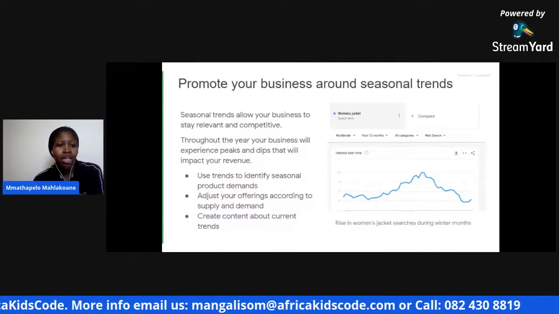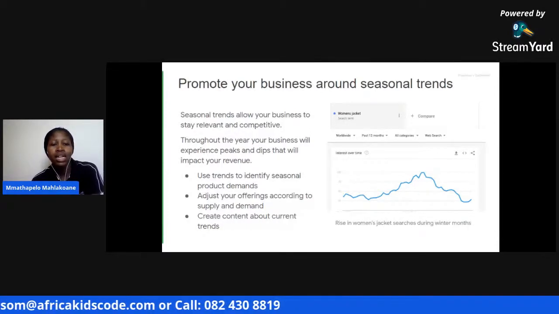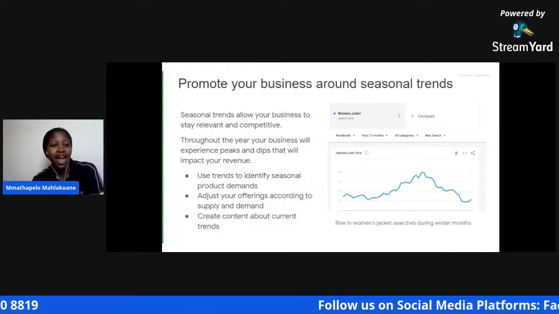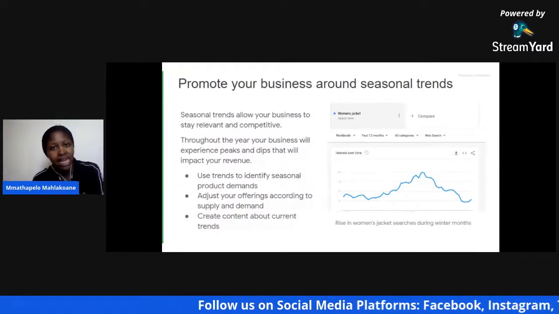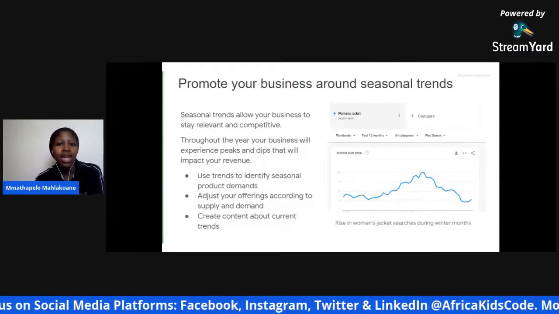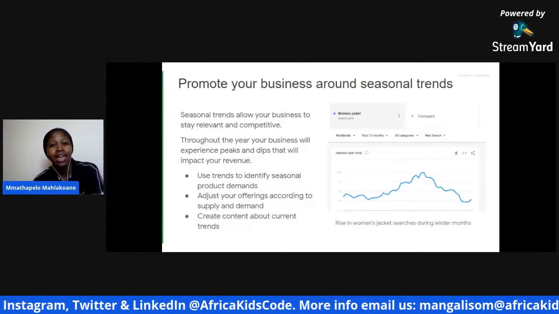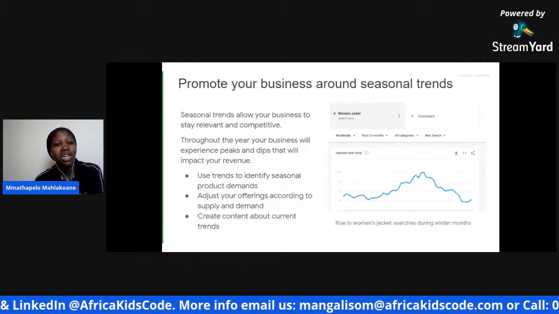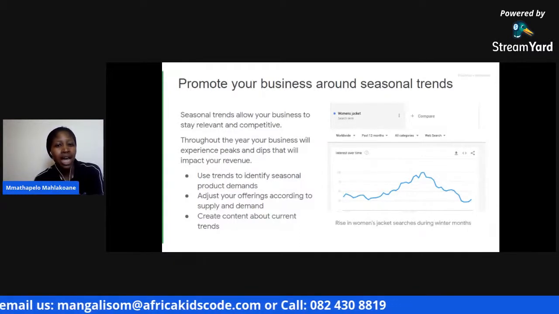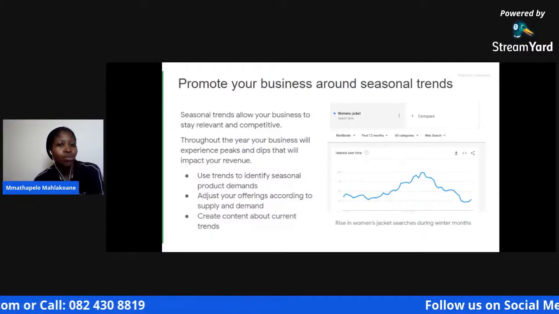So use trends to identify seasonal product demands. As I mentioned, if you own a hair salon, make sure that you check which hairstyles or which hair products are needed in winter, spring, summer, autumn.